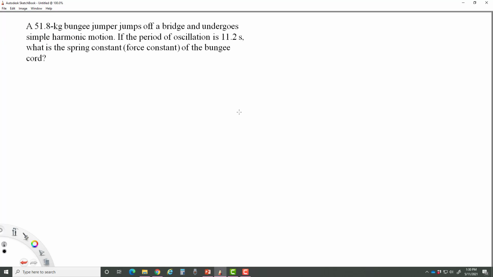A 51.8 kilogram bungee jumper jumps off a bridge and undergoes simple harmonic motion. If its period of oscillation is 11.2 seconds, what is the spring constant k? And the mass of the bungee jumper is 51.8 kilograms.